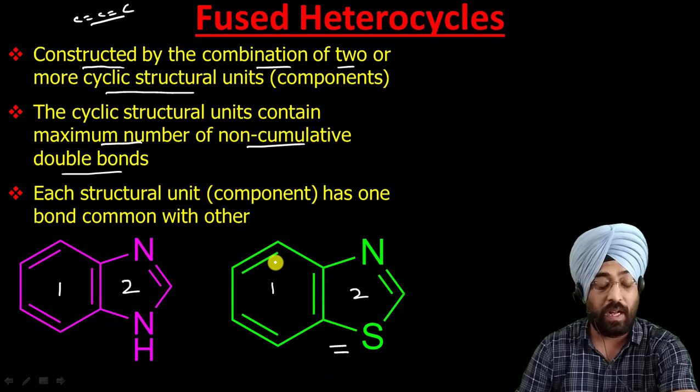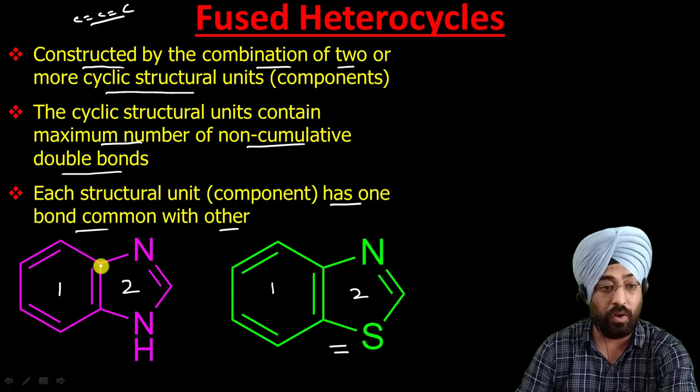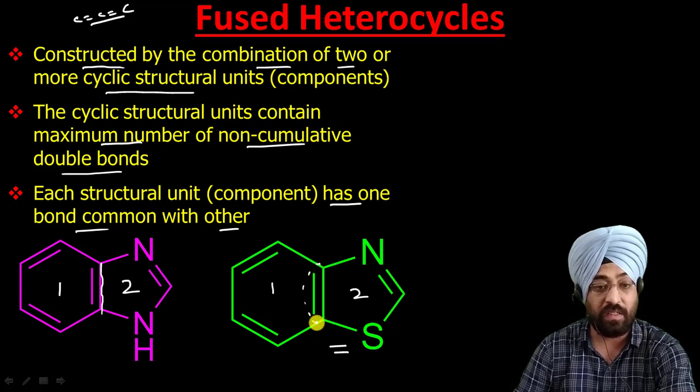And one thing is also very important: you can see each structural unit has one bond common with the other. So this is the most important requirement for a compound to be fused. You can see this bond is shared by these two heterocycles, and this bond is shared by these two heterocyclic compounds.